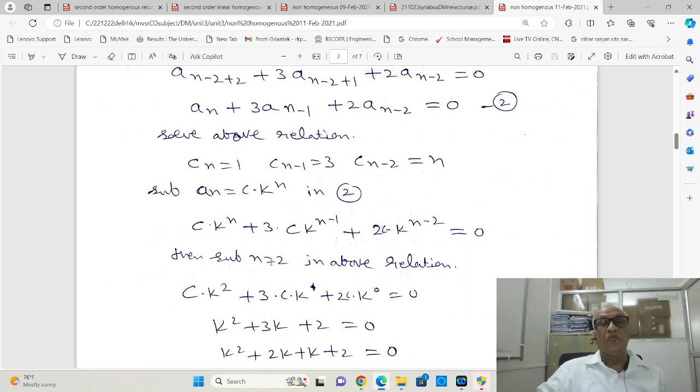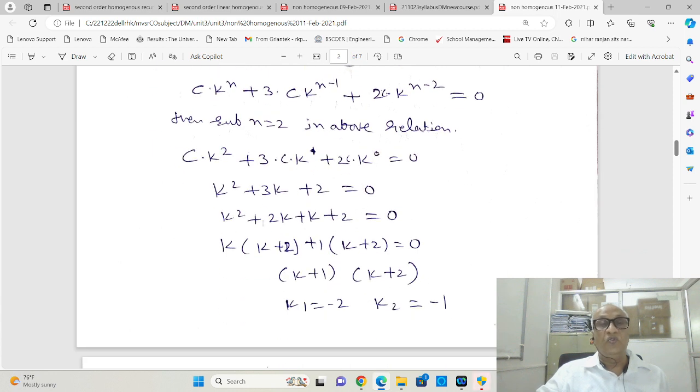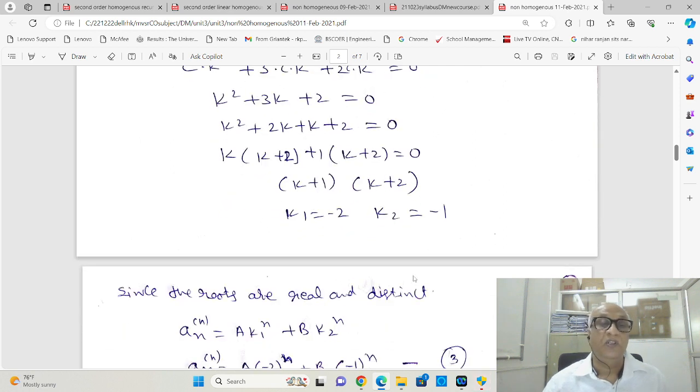Now we are going to substitute n with 2. So it will be Ck square plus 3Ck plus 2C. We are ignoring C, so that becomes k square plus 3k plus 2. Simplifying this, we get the two roots: k1 as minus 2 and k2 as minus 1.